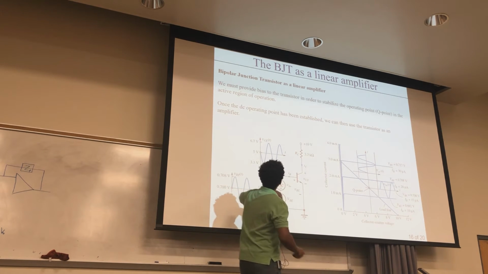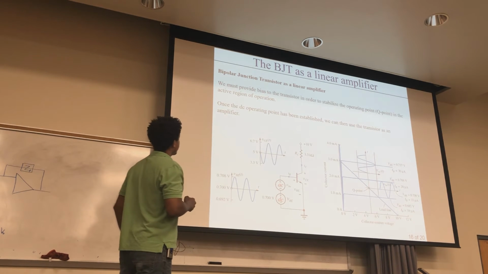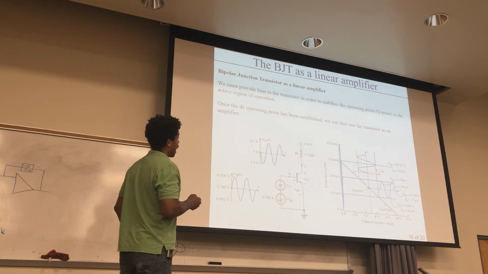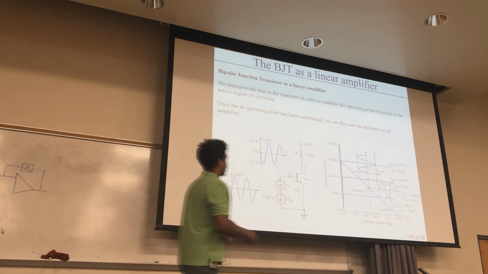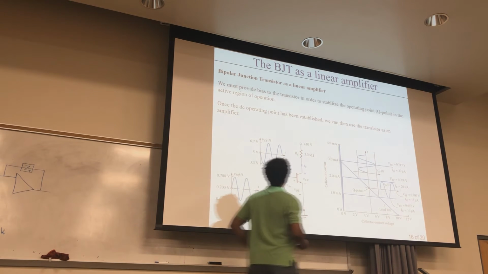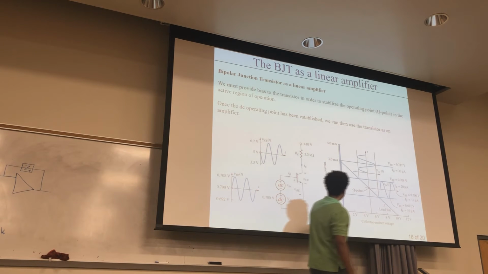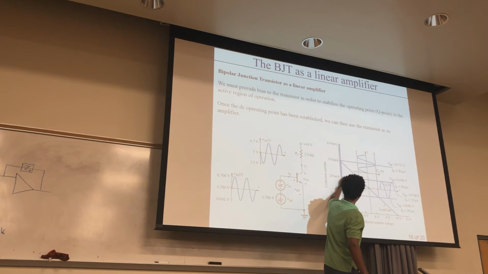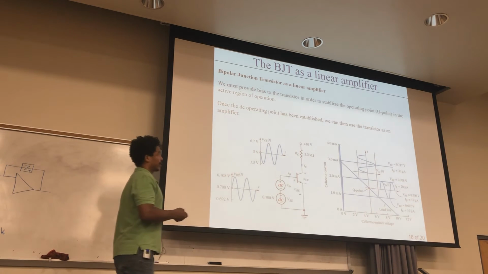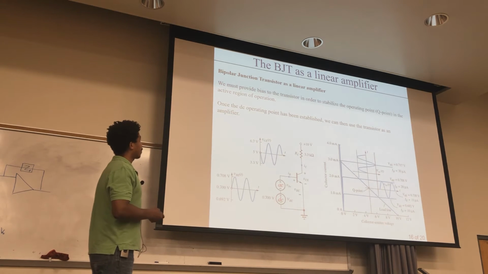The BJT. So what you must do is provide a bias to the transistor in order to stabilize it at this operating point called the Q point. That's this right here. So you see these curves, right? They have these different values, but there is a certain sweet spot where you can use it as a quite linear amplifier.